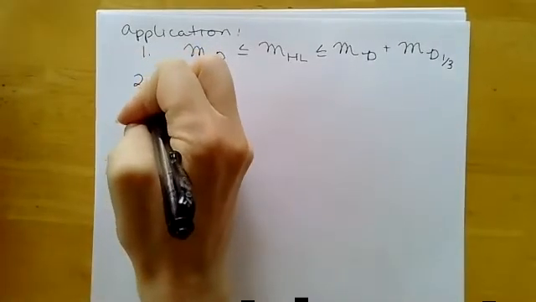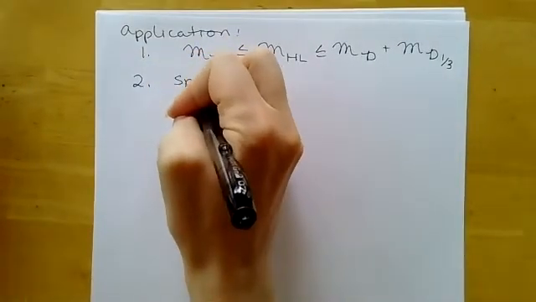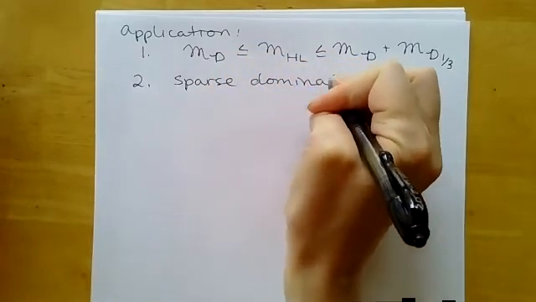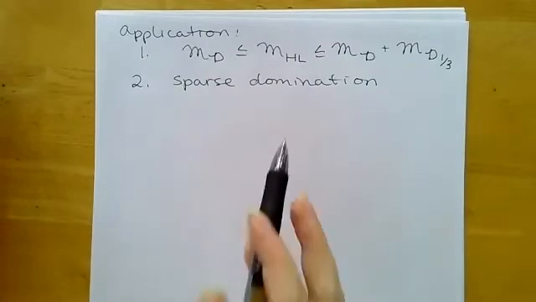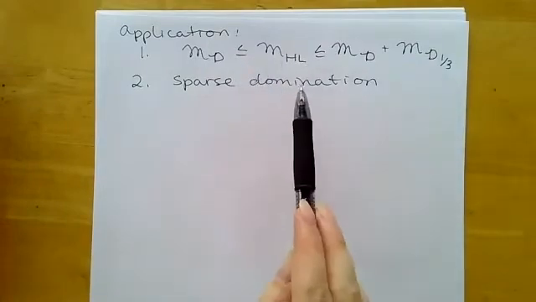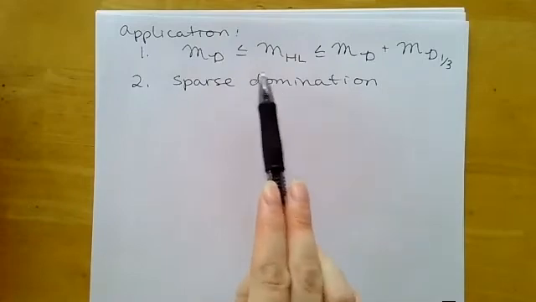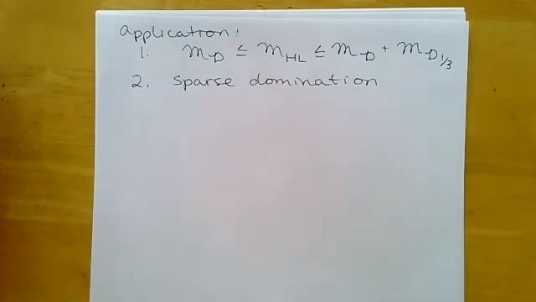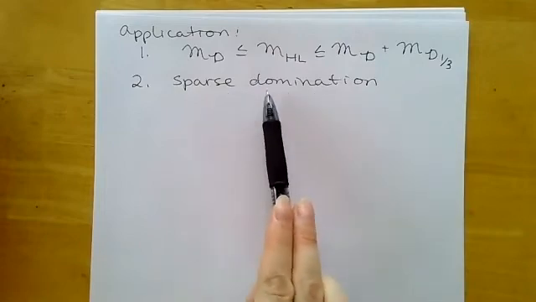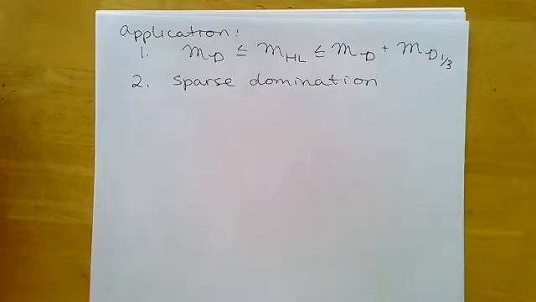The second application, and I won't go into details on this, is the area of sparse domination. And again, this uses a very similar variant of this principle to bound operators above and below by certain dyadic versions. And this type of technique, the sparse domination technique, has been used in a wide variety of settings.